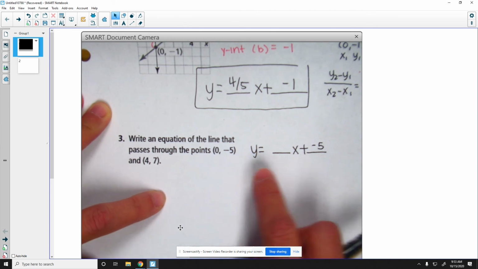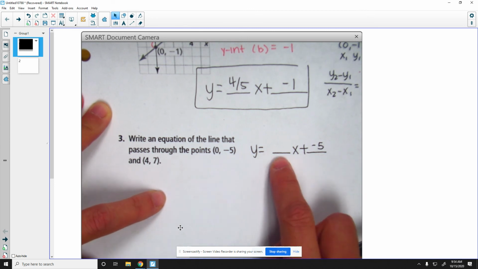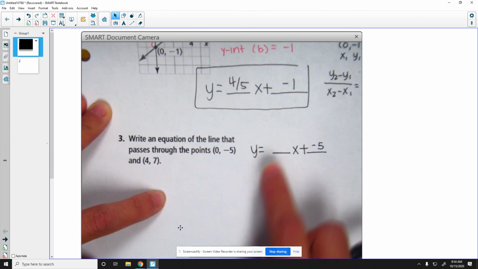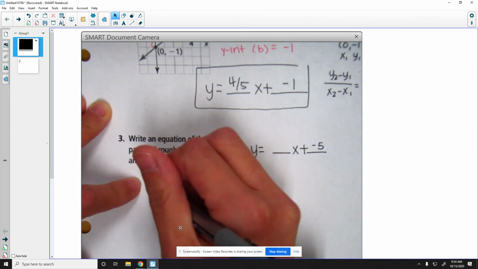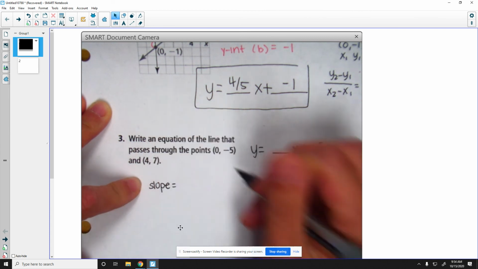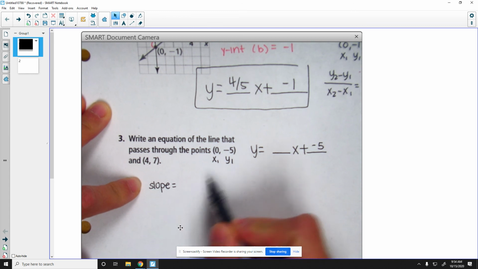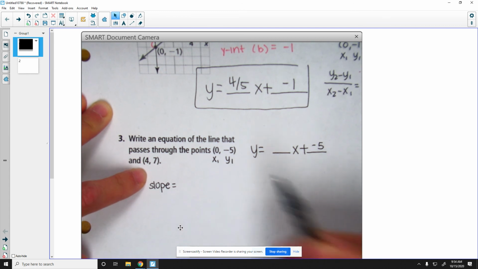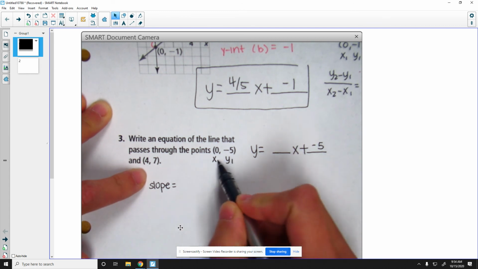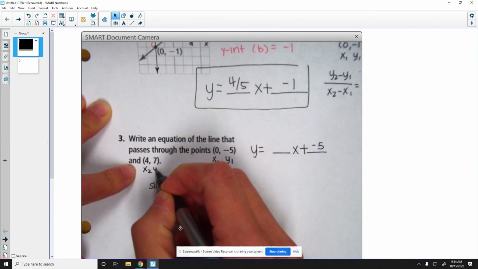Okay, now my slope, it doesn't say. I have to figure it out. Does anyone know how to figure it out? Tessa? Oh, okay, x1. So how do you know? So for your slope, you have to use a formula. You can't do rise over run because it's not graphed. So here's x1, y1. Here's x2, y2.